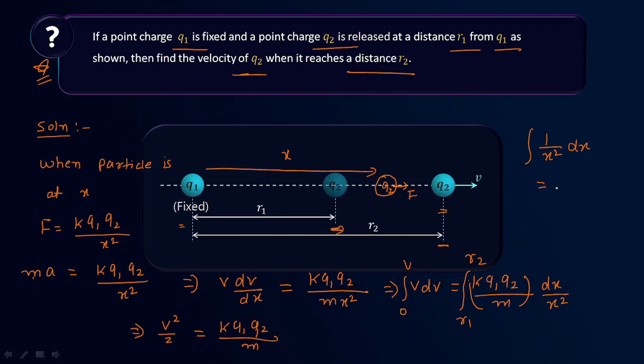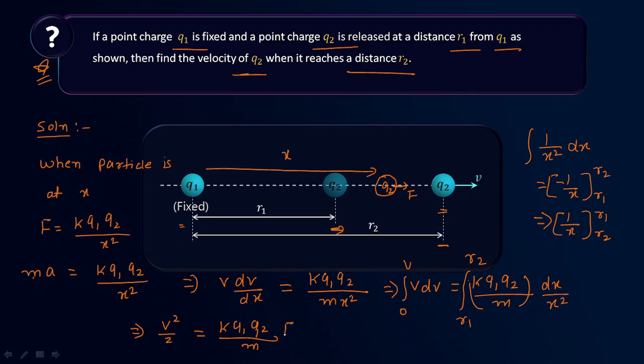1 by x square dx is minus 1 by x from r1 to r2. Yes or no? So if you remove this minus sign, this will become 1 by x from r2 to r1.